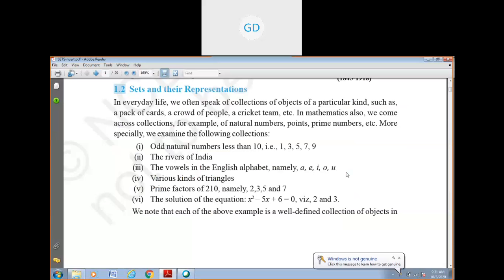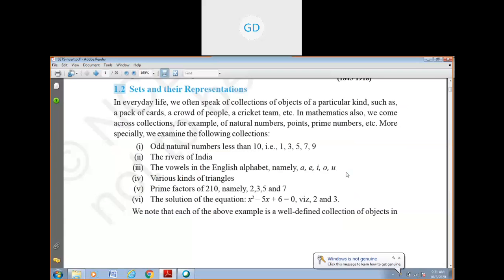In mathematics, this concept is a little bit different. Just a collection of some objects, some elements, we used to say set. But in mathematics, it is a little bit different.